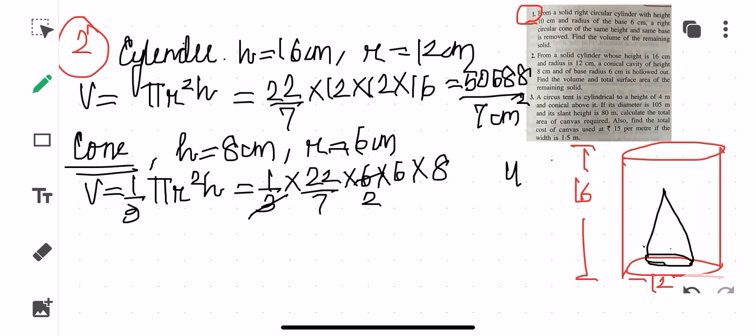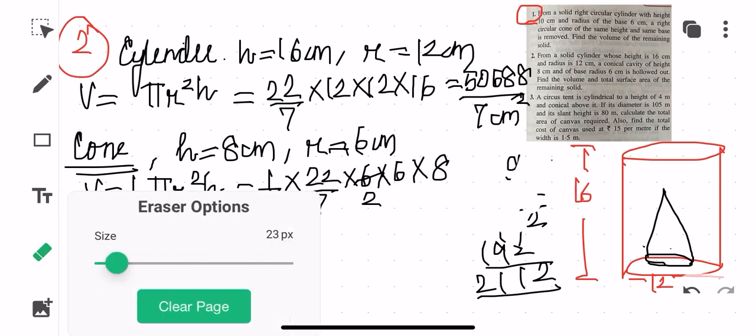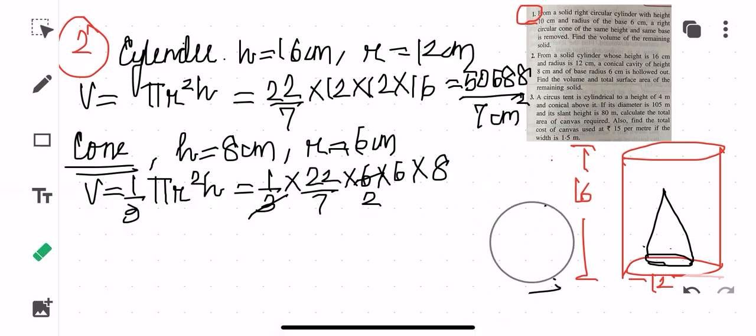Or else what I can do is I'll be doing 96 into 22. 12, 192, 192. So this is coming out to be 2112. Okay, so write down 2112 upon 7.